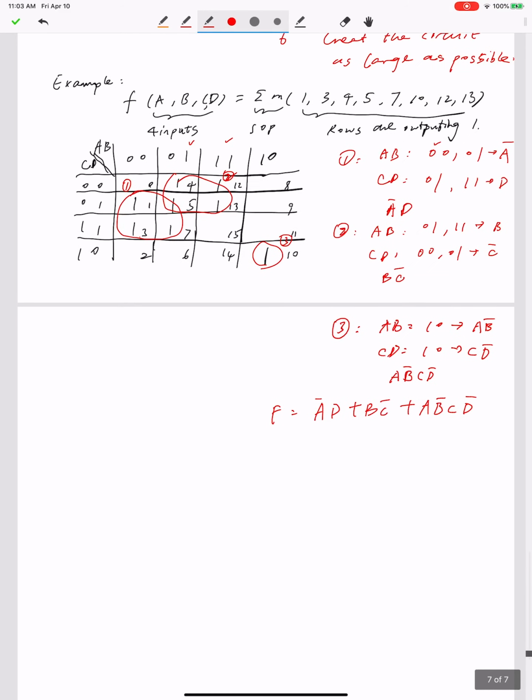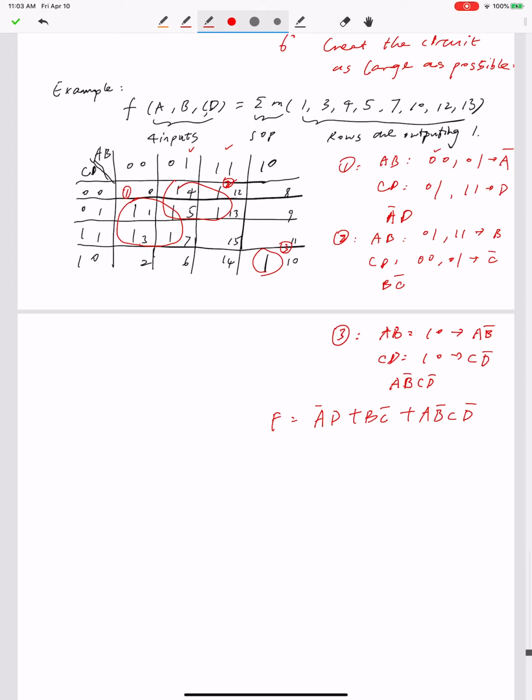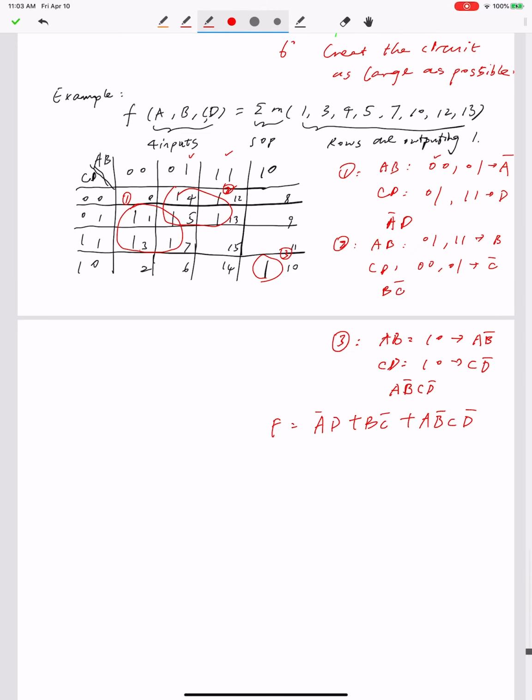And if you compare this method with the original method, which means the synthesis of logical circuit, we have 8 different rows outputting 1. In other words, if we follow the original method, we're going to end up with a very long logic expression.